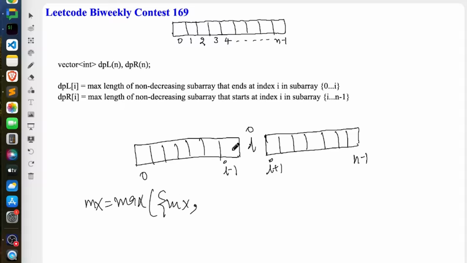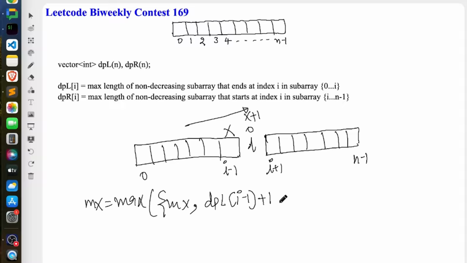See, I can replace this number with any number of my choice. Let's say the number present at this index is x. What if I replace this i with x plus 1? Then this will also be a non-decreasing subarray, right? So mx is equal to maximum of answer, comma, dp L of i minus 1 plus 1, right? I can easily change this i to this one plus 1 extra number.